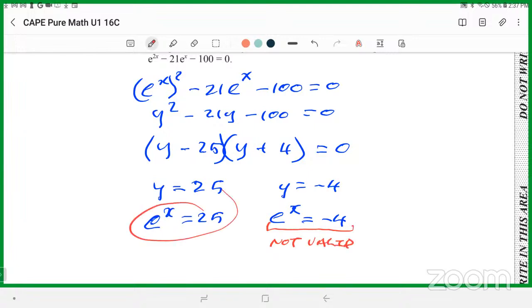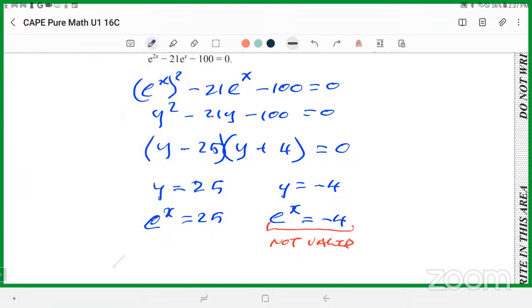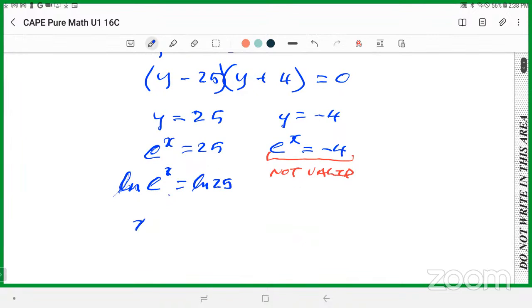So we keep this one, where we take ln of both sides. e to the x equals ln 25. The x comes to the front, so I get x ln e equals ln 25.